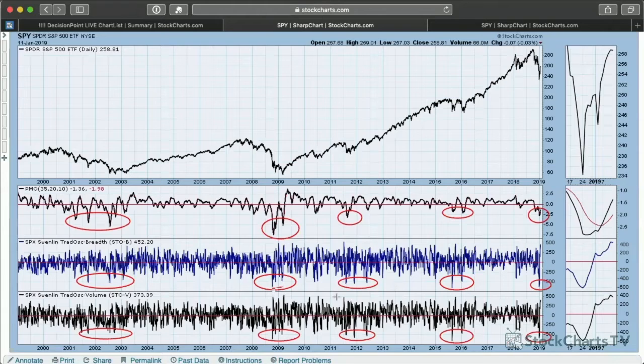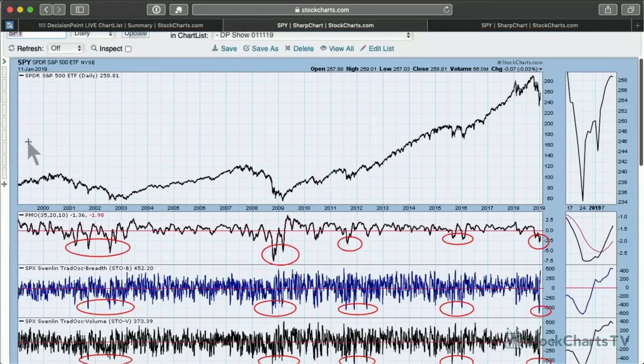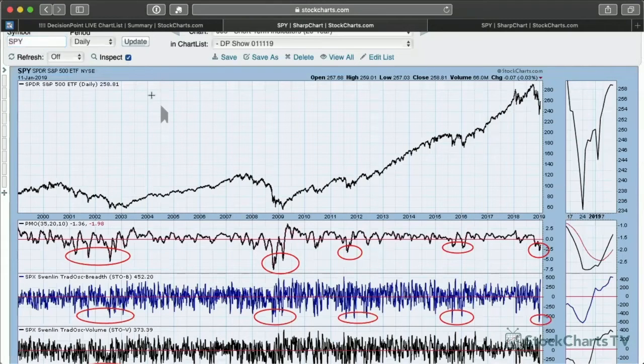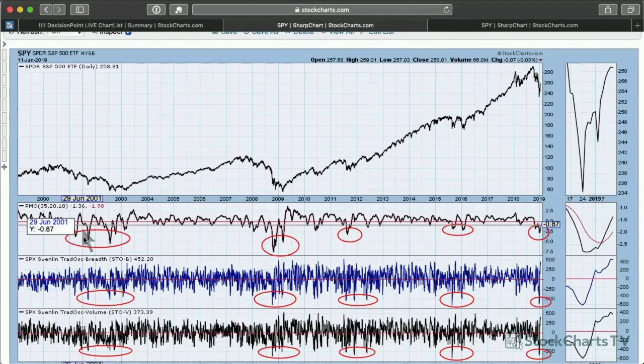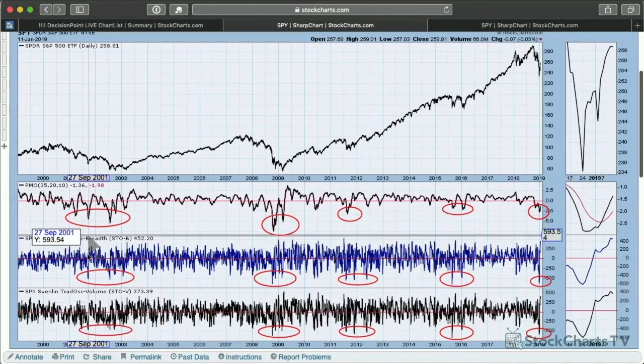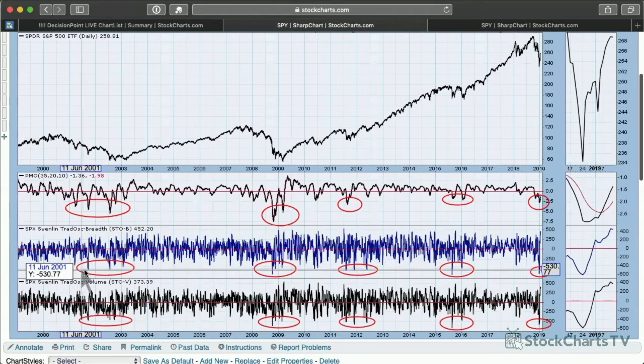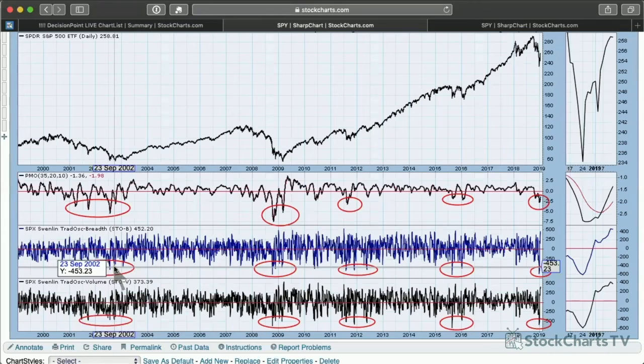That's where I first spotted it. You can see we're right now at one of the three lowest levels that we've ever seen on this indicator. And if you look back at 2001 through 2003, you can see how the indicator made three lows before it finally hit a bear market low. So we got the low in 2002.